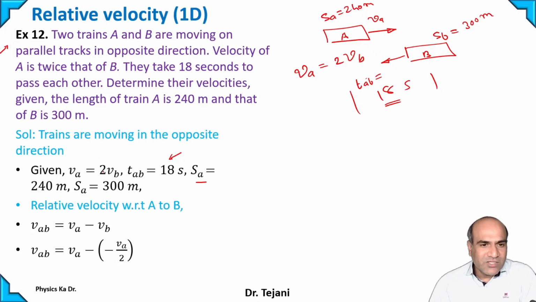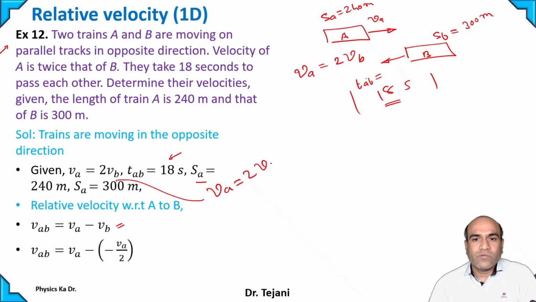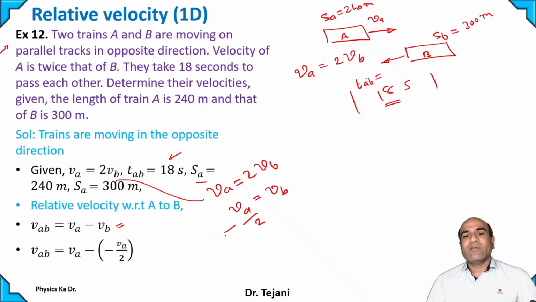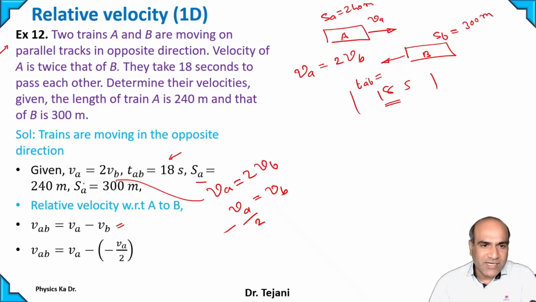But this train runs in the negative direction, therefore VB should be in negative terms. So VB is equal to VA divided by 2, but this direction is negative, therefore that sign should be minus. That you have to remember. So VA minus, put the values here. Minus minus becomes plus.